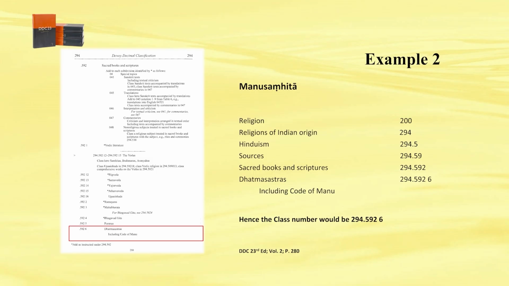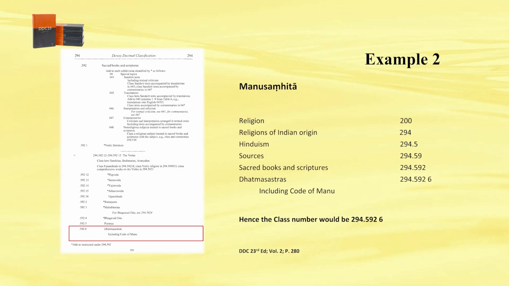Naturally, as it is related with Hinduism, we have to go to religion. Then 290, as we have mentioned that 220 to 280 are dedicated to Christianity and its other divisions and sections. So for other religions, we have to go to 290.